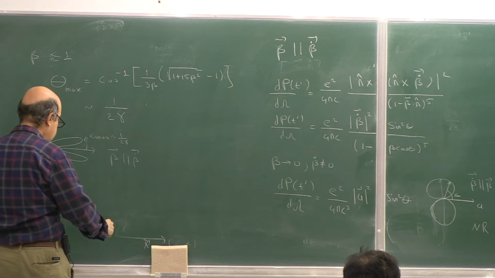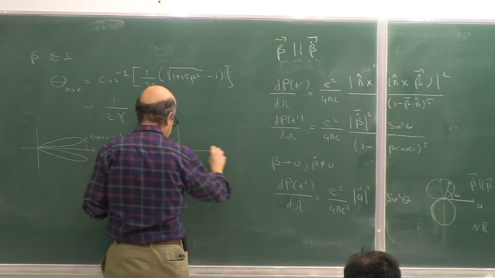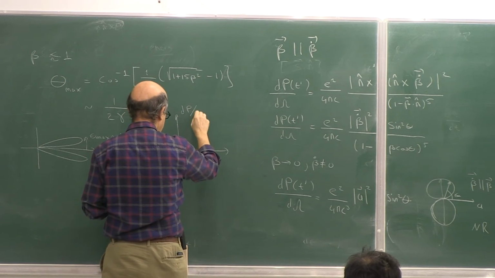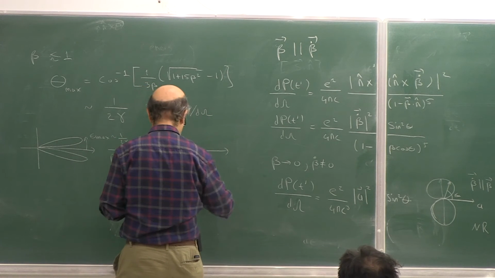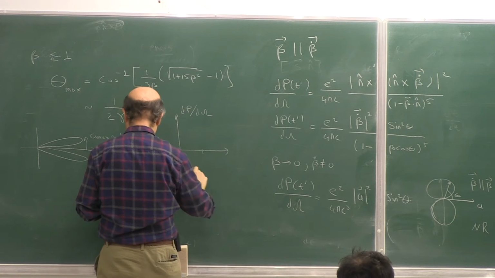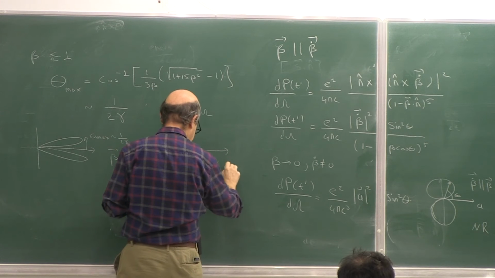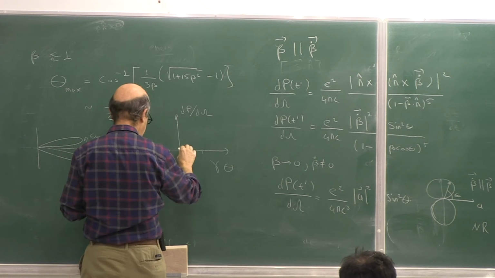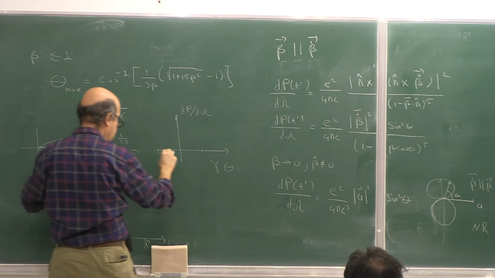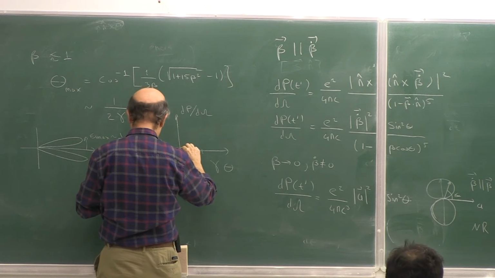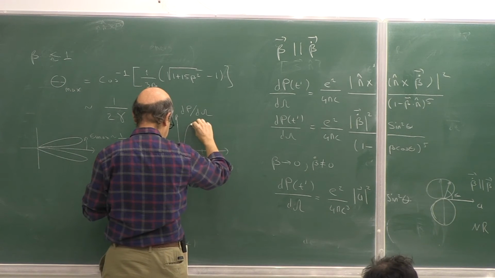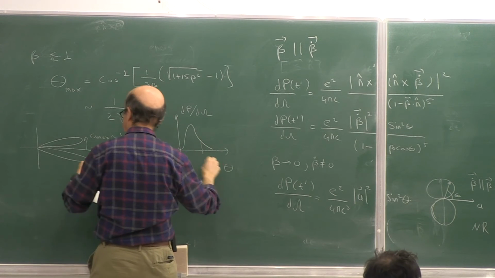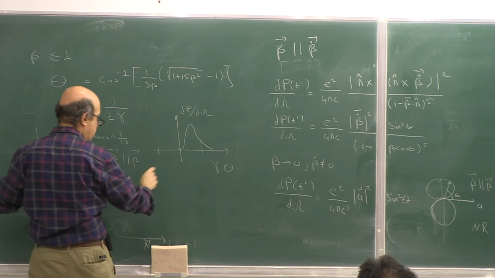And if you look at the beam, the power emitted per solid angle, if you plot it in terms of gamma times theta, the form is the following. Just ahead in the forward direction, the radiation is 0, but then it amplifies, and everything is in the region of gamma theta equal to 1.